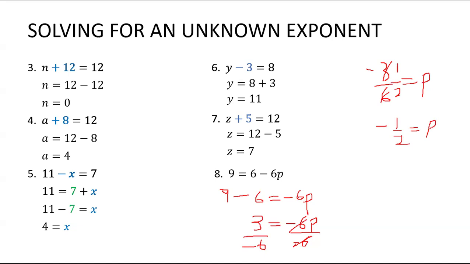Here, we just divided the numerator and the denominator by their common factor, the highest common factor. In this case, it happens to be 3. And that's how we got that negative half, which is the value of p.